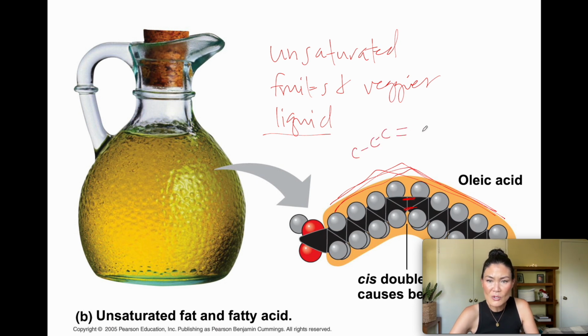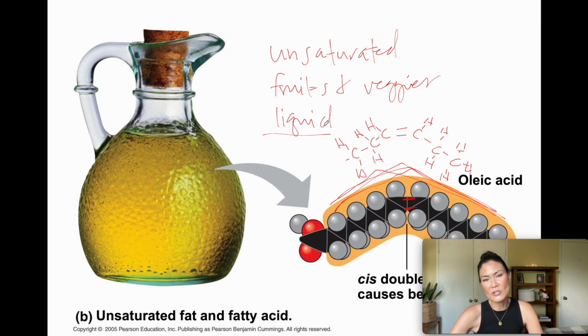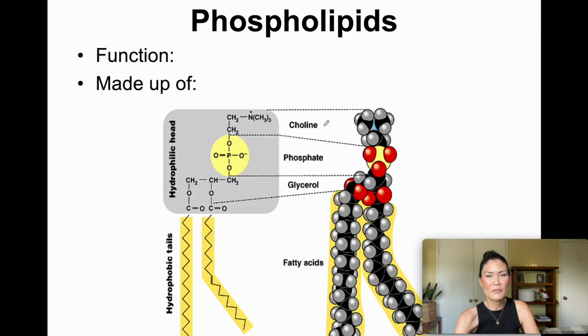Between these two carbons, they form a double bond, and then it's going to cause it to bend. And when it bends, they can't stack neatly on top of each other. And because they can't stack neatly on top of each other, they're going to be moving around each other as in liquid form. So that's unsaturated fat versus saturated fat.